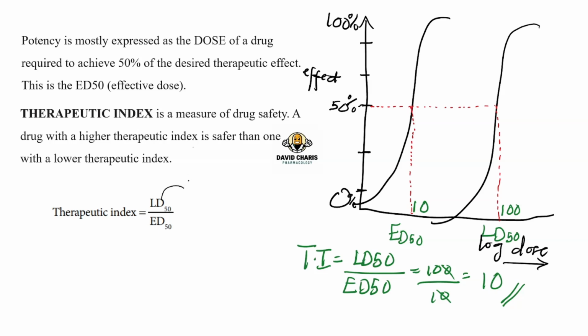Now, LD50 is the lethal dose that produces 50% lethal response or 50% death response in a given population. While ED50, of course, we already explained, is the effective dose that produces 50% of the desired therapeutic effect in a given population. Now, the ratio of LD50 over ED50 gives us the therapeutic index.